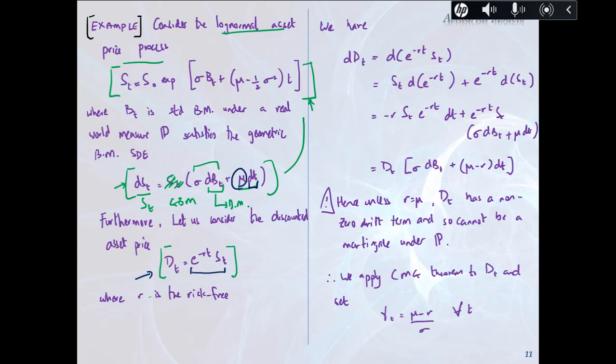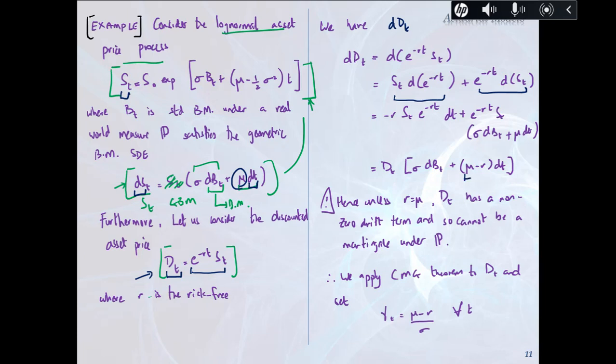We want to find d of Dt. Here we have St, d of St. Now we have Dt, which is discounting St, and we want d of Dt. So this is the product rule. Simplifying, we obtain this.